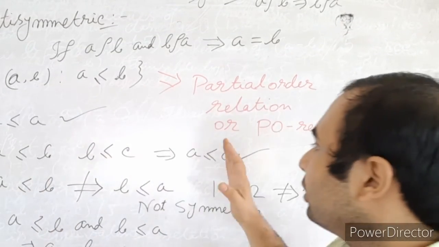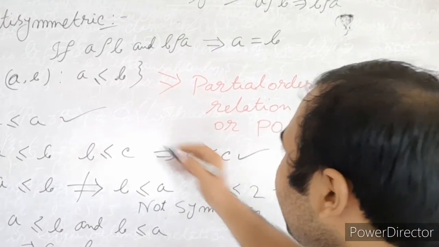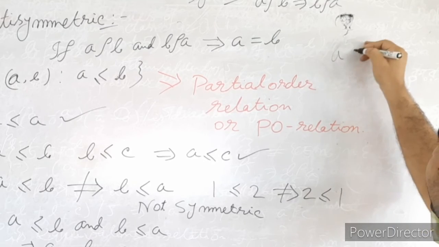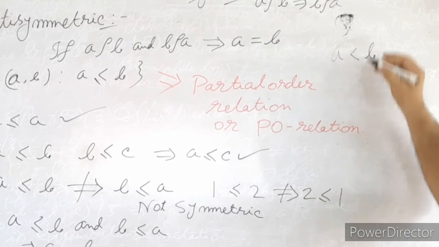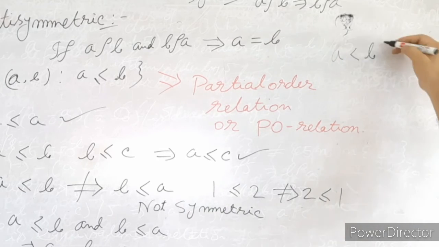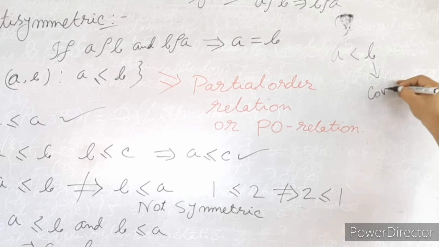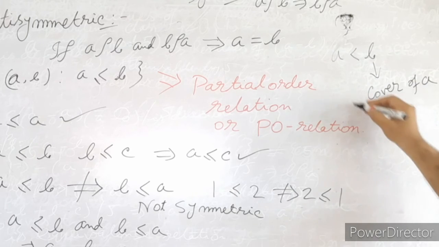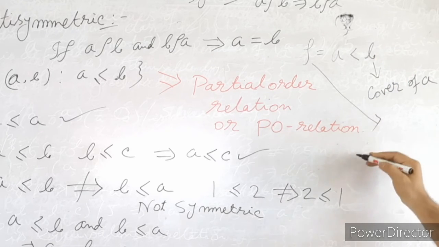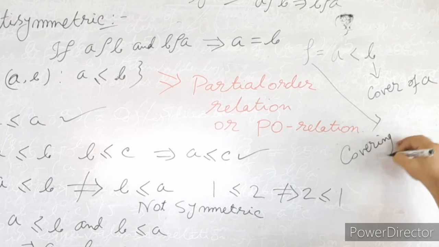If the equal sign is not there, if A is less than B, not less than or equal to B, then B is called the cover of A, and that relation, rho, is called the covering relation.